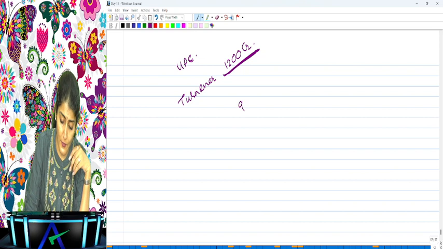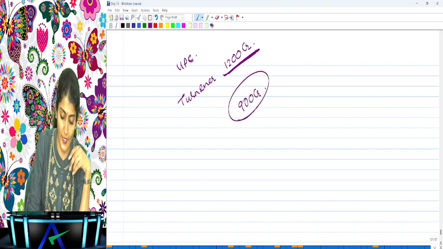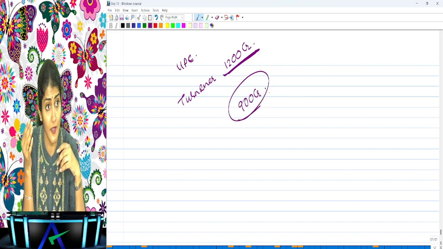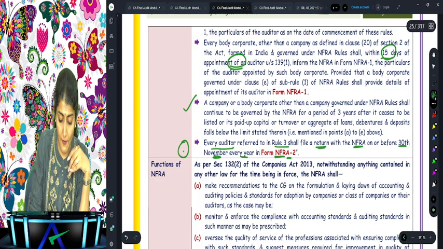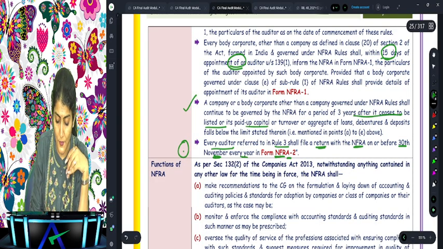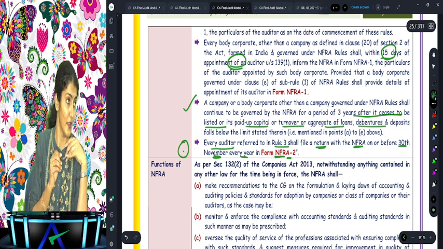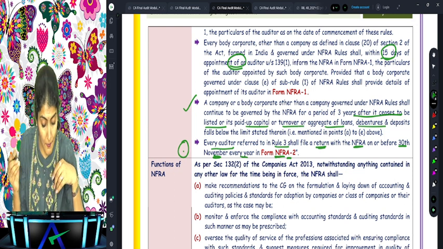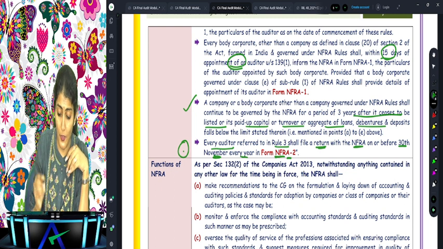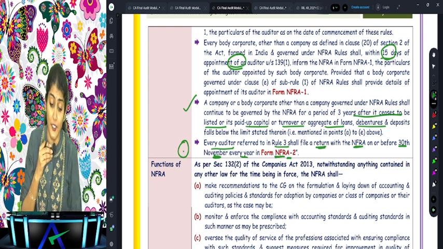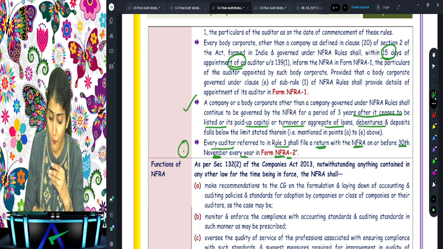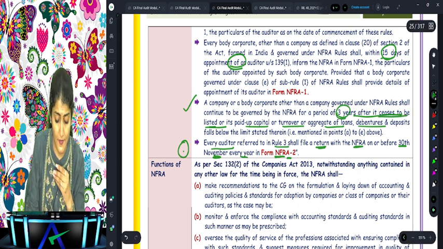Now say the turnover has become 900 crore. Will NFRA provisions be applicable? It says once applicable, for 3 years, even after you fall below the limits or you cease to be a listed company. A company or a body corporate other than a company governed under the NFRA rules shall continue to be governed by NFRA for a period of 3 years after it ceases to be listed.